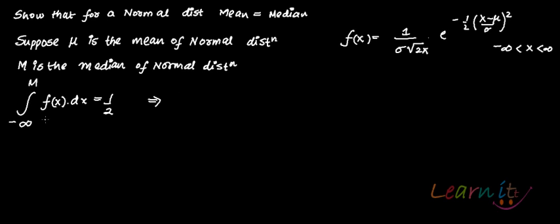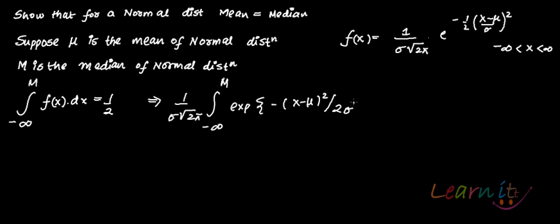Okay, so the integral from minus infinity to m of f(x) dx should be equal to half. This is a constant, so it will come out of the integral sign. So it is 1 upon sigma root 2 pi, integral from minus infinity to m of e to the power minus (x minus mu) square upon 2 sigma square dx.